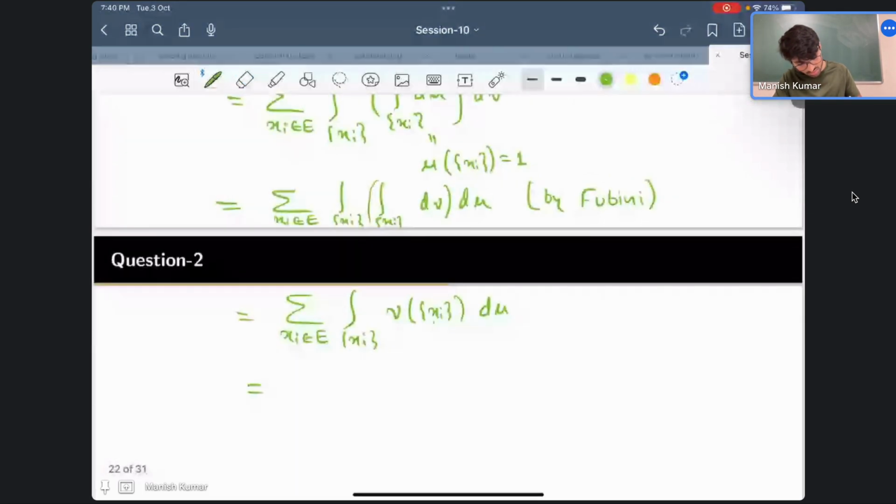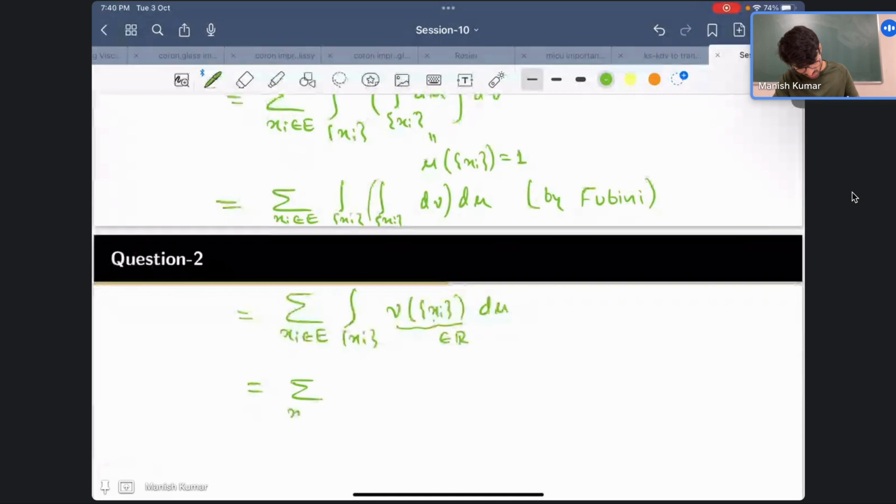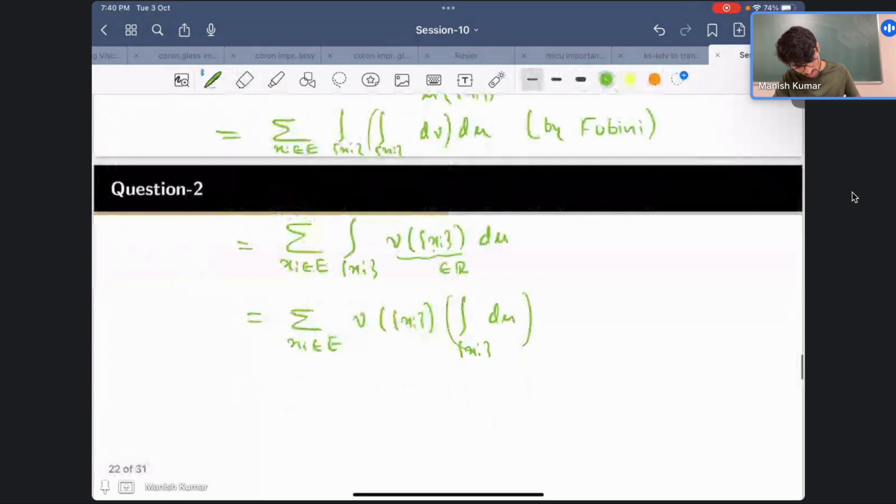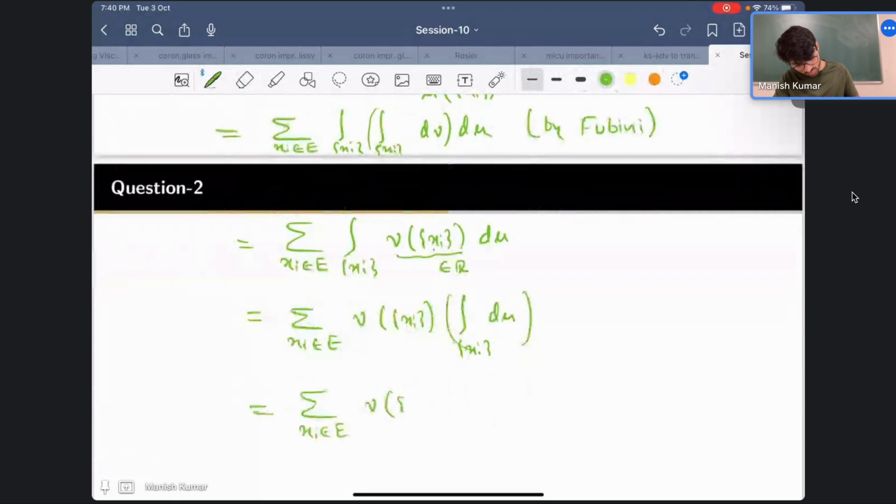So you take this out, xi belonging to E. Then you write nu of singleton xi, and the integration of xi with respect to mu is 1. So I can rewrite it as summation xi belonging to E of nu of xi. This is another way of writing, just to match with this one.